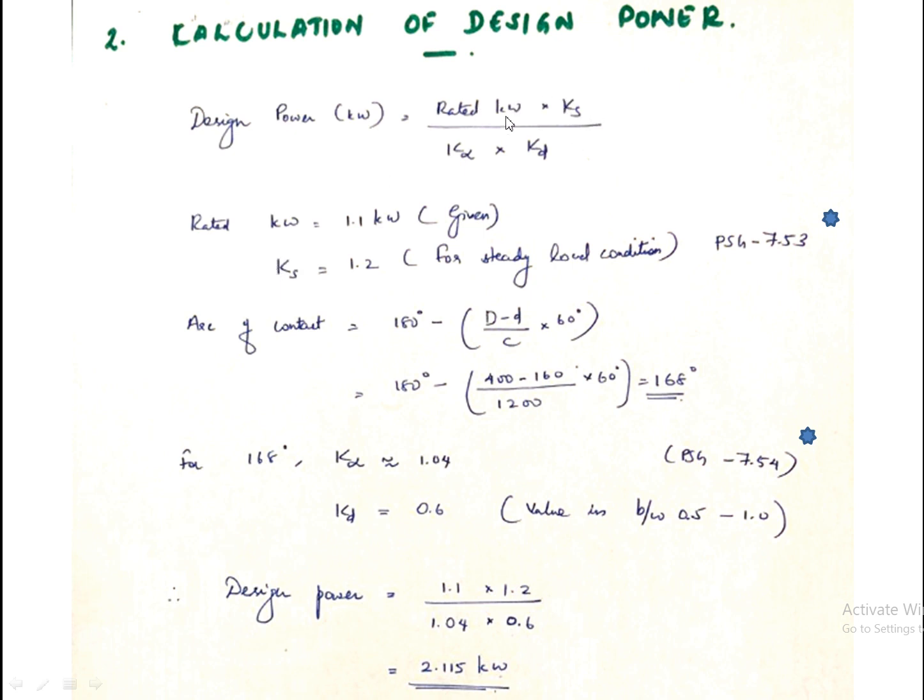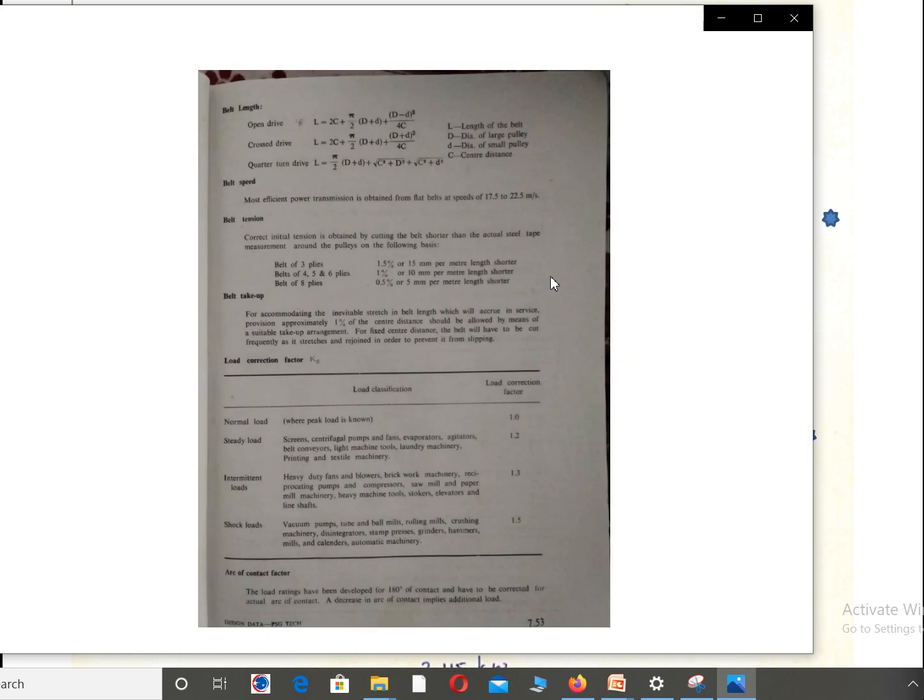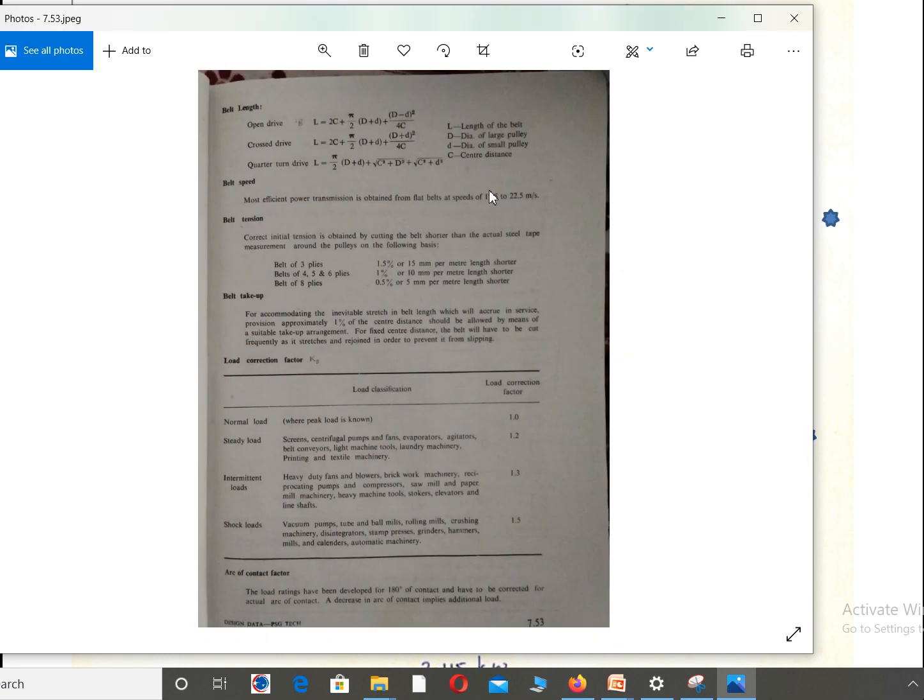We'll start with the constants. First of all, let us determine the Ks value, and I will take it from page number 7.53. So this is page number 7.53 of your data book. Here you can see the load correction factor Ks. It is not written over there as Ks, it is only written load correction factor, but it is nothing but Ks.